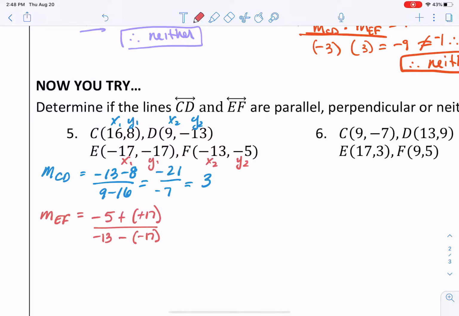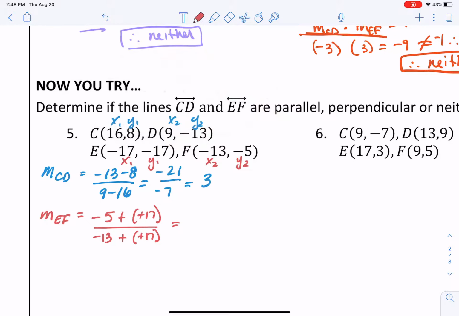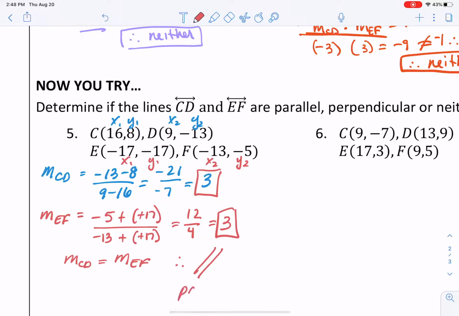Double negatives become positives, and that is 12 over 4, which is 3. So when I look at these, slope CD equals the slope of EF, therefore they are parallel.